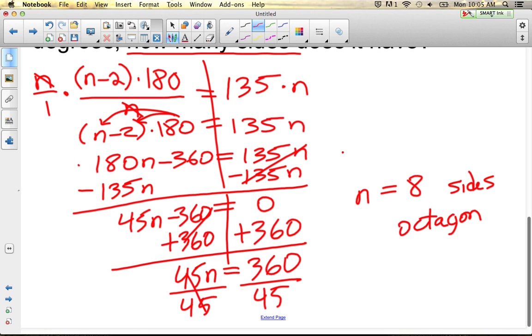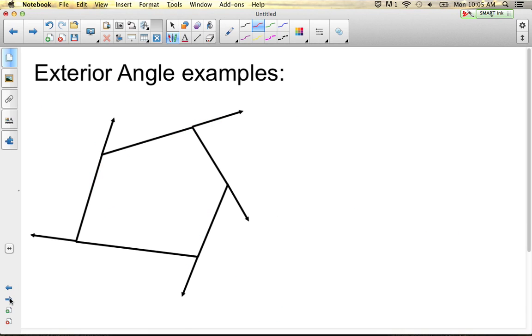Oh wait, we forgot about exterior angles. So here we have an example of a polygon that has, let's see, 1, 2, 3, 4, 5 sides.